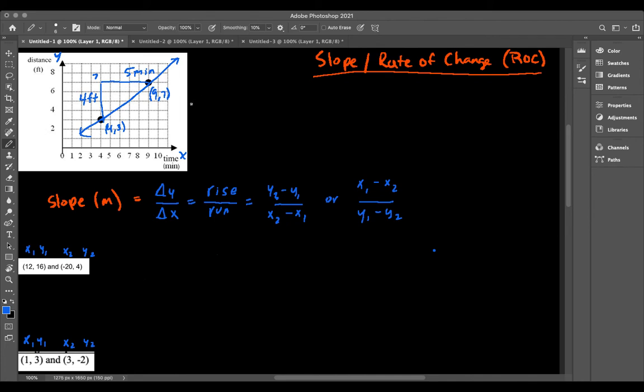How high did it go? It went 4 feet, so it's always going to be 4 feet on top, and the bottom will be 5 minutes. And that would be the slope. 4 feet, 5 minutes.